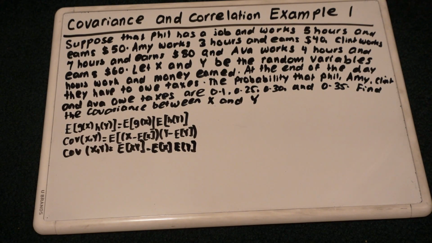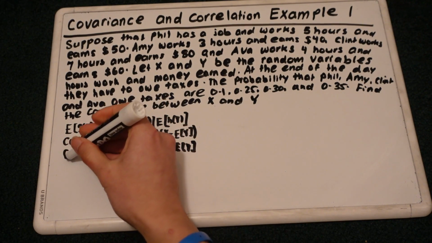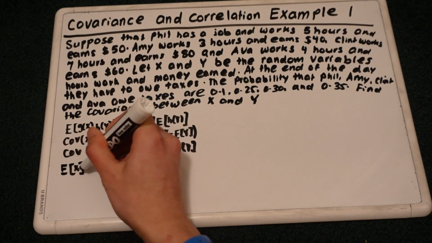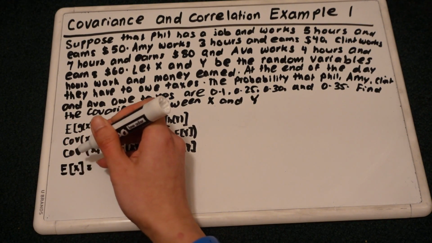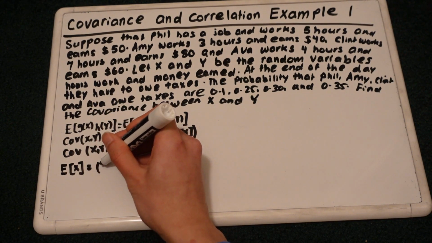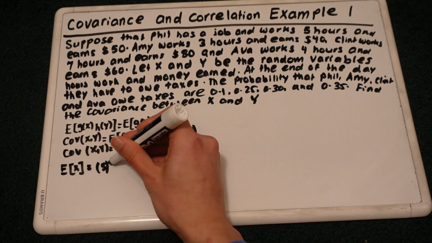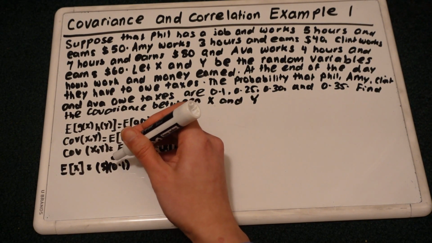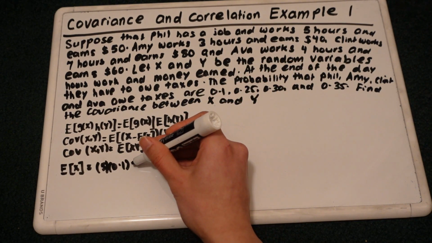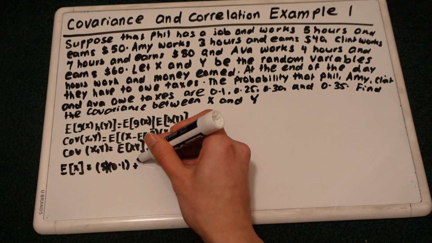So in this problem here, we need to find the expectation of x and y. So let me denote x here. We're given that this would be 5 times 0.1. I got the 5 from the hours, and this is 0.1 because of Phil's owing taxes.